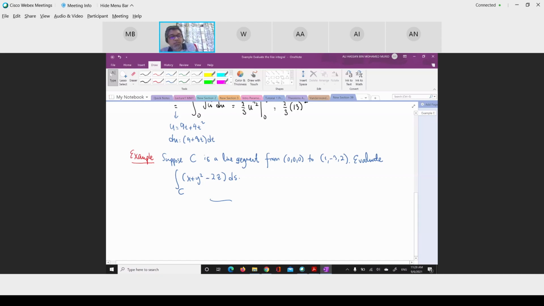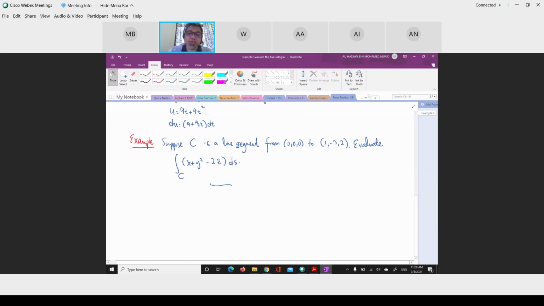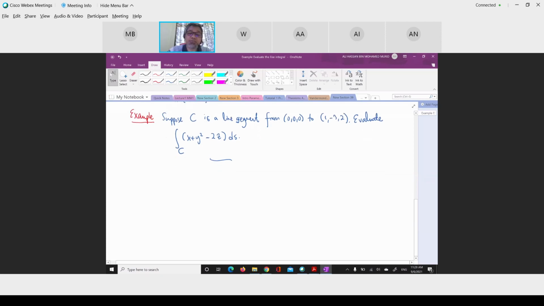See, in this question, the position vector of the curve C is not given. We are only given the initial point and the end point. Suppose this is 0, 0, 0, and we have another point in space with coordinates 1, minus 3, 2. So we have a line connecting these 2 points.